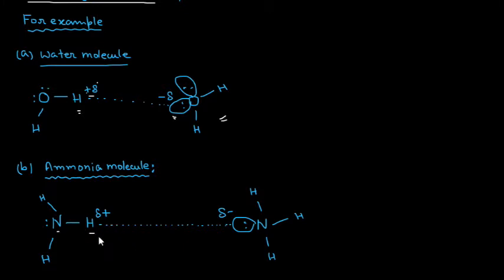Now this hydrogen interacts with the lone pair of electrons on the nitrogen of another ammonia molecule. This nitrogen will develop a negative delta charge, and this dotted line is the bond formed, which is called a hydrogen bond.